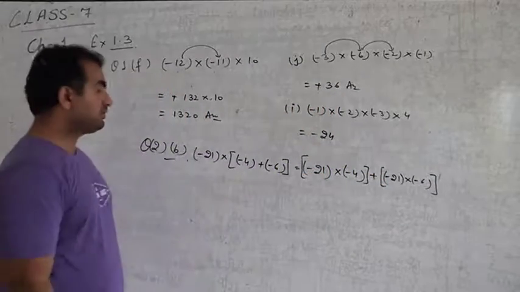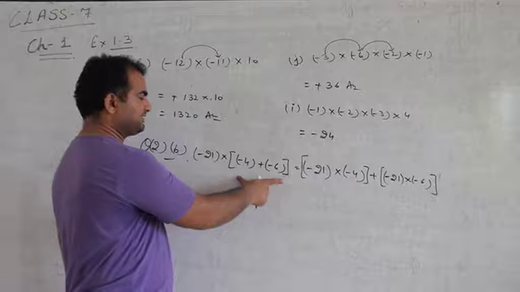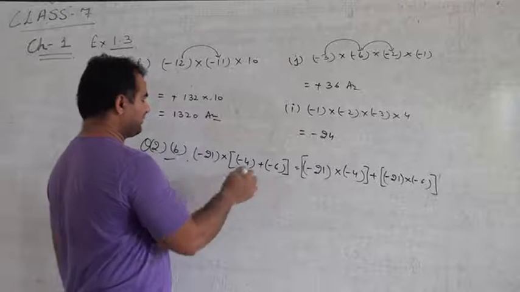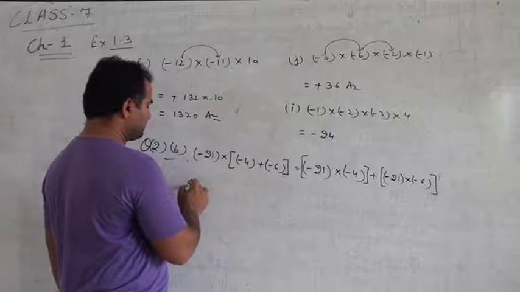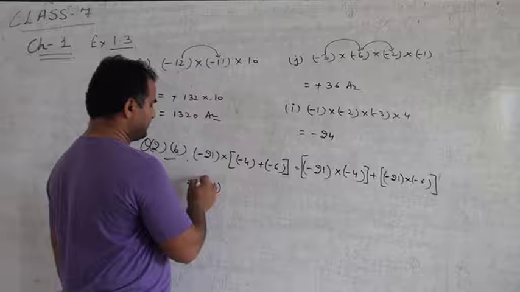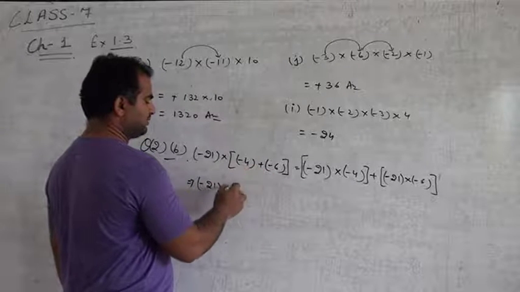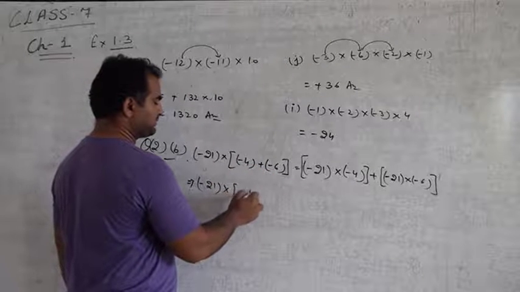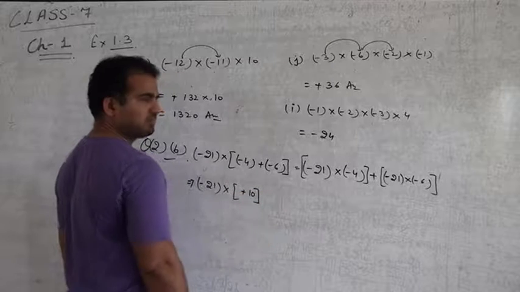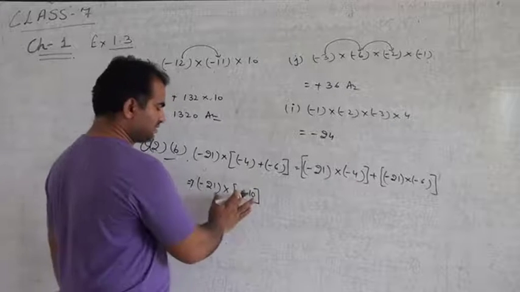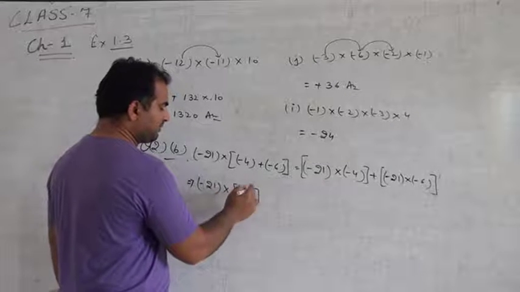Okay, so this is the bigger bracket. What we have to do? We have to solve again. Minus 21 into what is minus 6 plus minus 4? It will be plus 10. Done? Wrong. It will be minus 10.